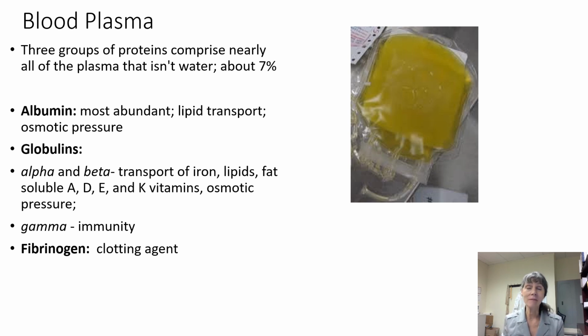And then gamma globulins are important in our immune system. And lastly, fibrinogen is a special plasma protein that helps become insoluble when a blood vessel breaks to help in the process of clotting. Fibrinogen will turn into a fibrous protein known as fibrin, and we'll see that process soon.